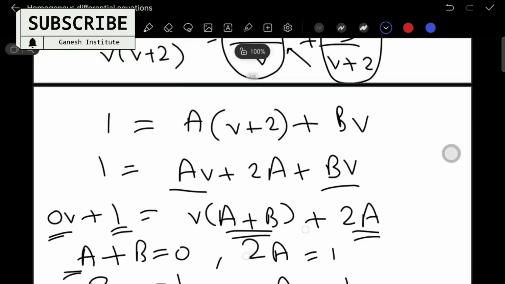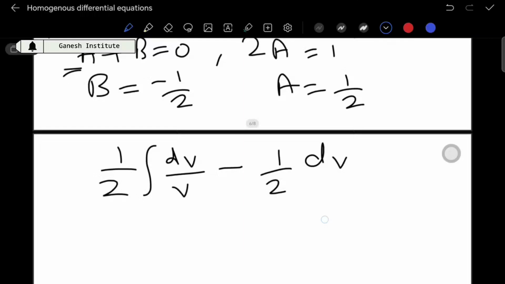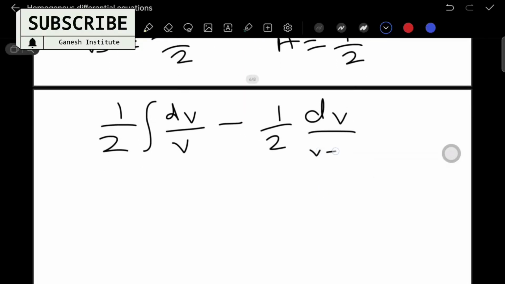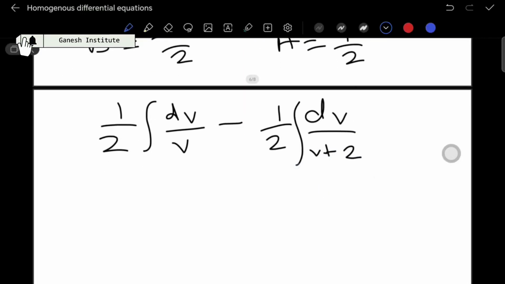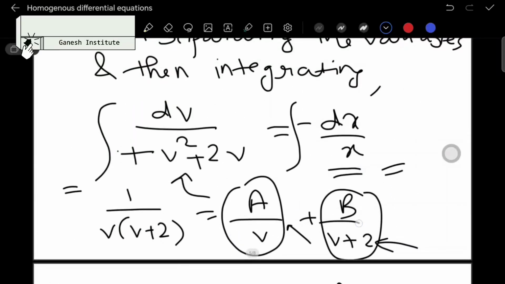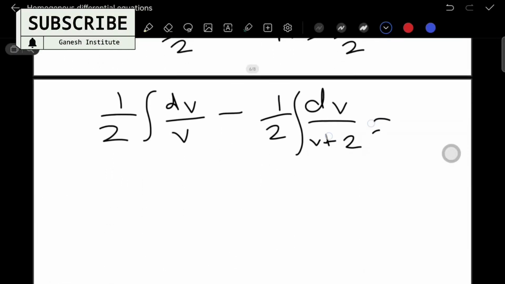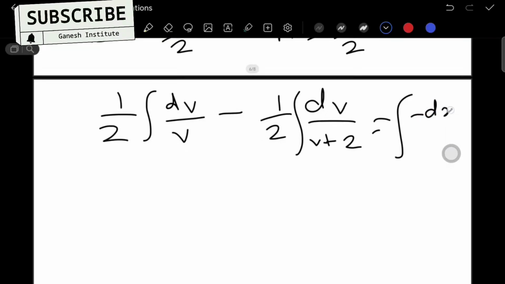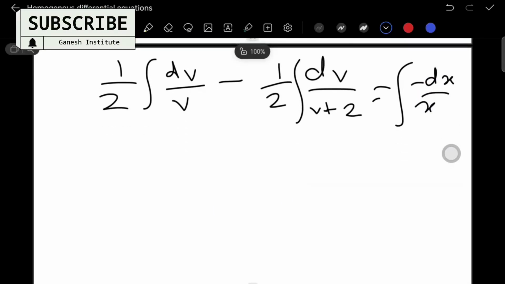Next part is what? v plus 2, and right hand side is what? Minus dx by x. Right? Now it's simple. You can integrate.